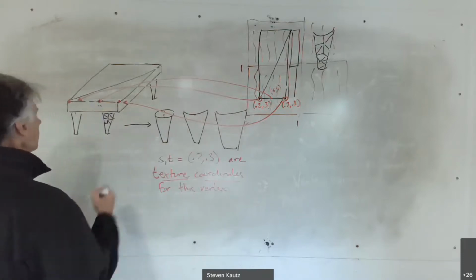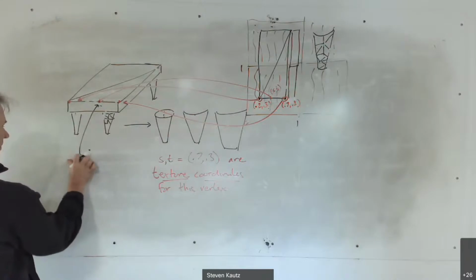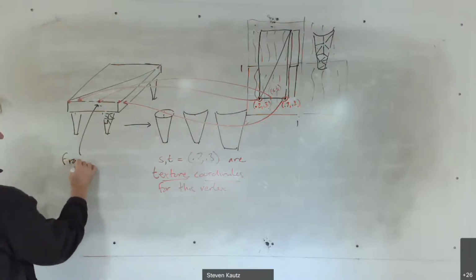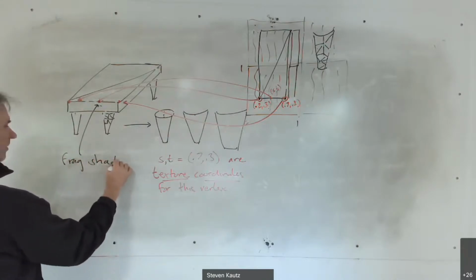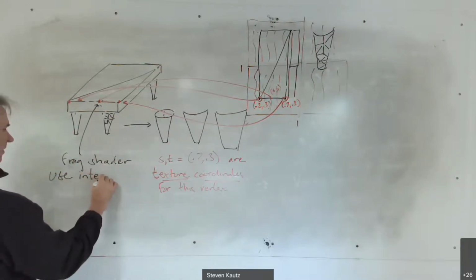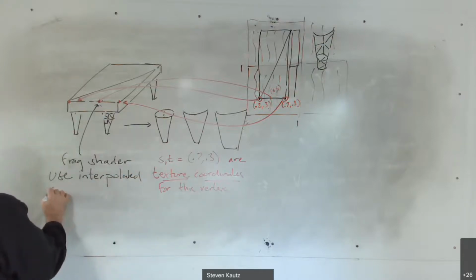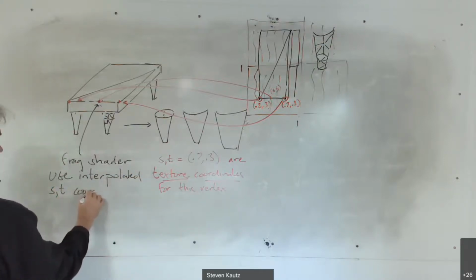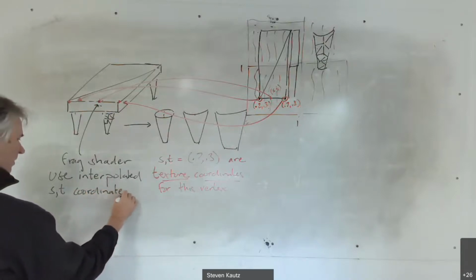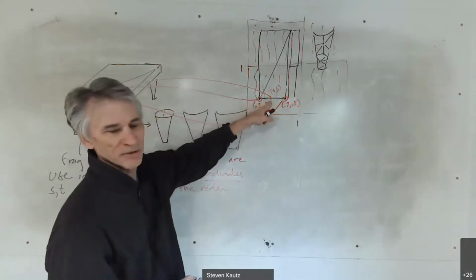And so at a point like this, the fragment shader can use an interpolated ST coordinate and use that point to choose where to sample from the image.